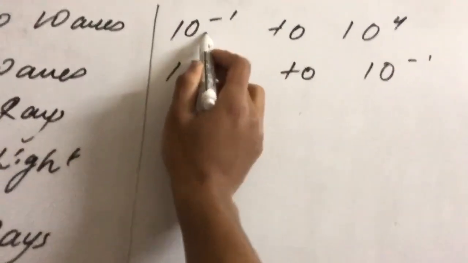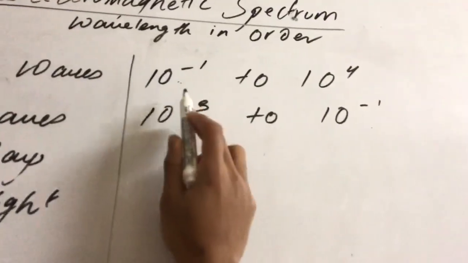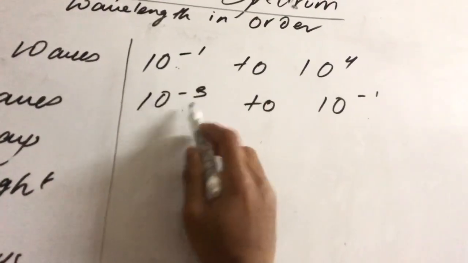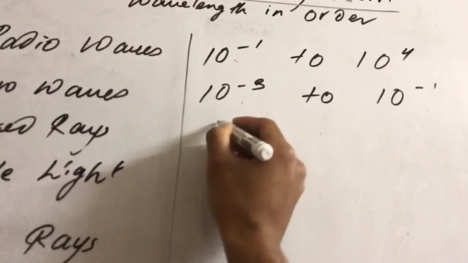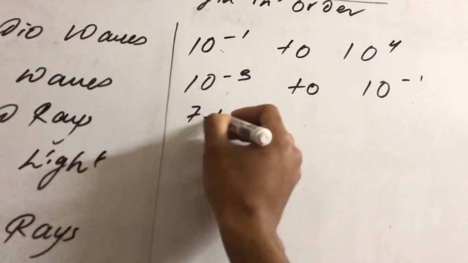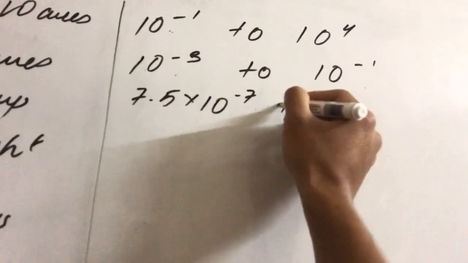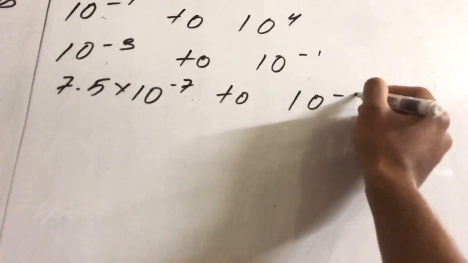Look, this and this. Remember, just know this, minus 3, 4. And for infrared it is 7.5 into 10 to the power minus 7 to 10 to the power minus 3.